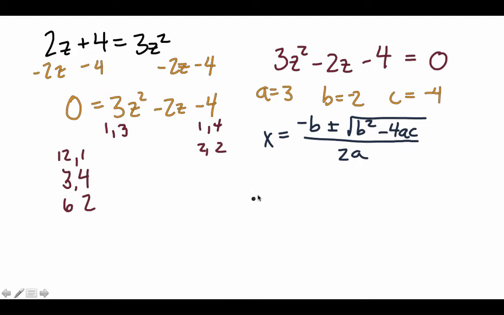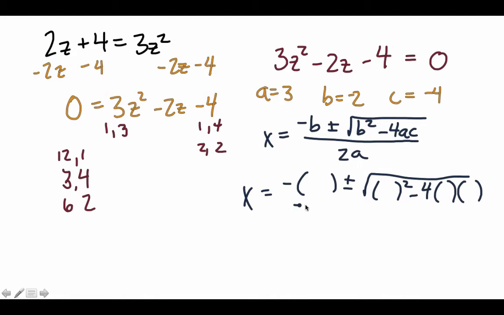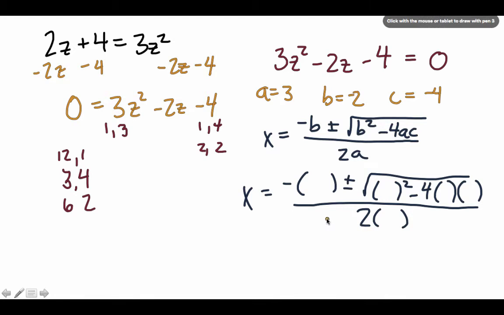Now we plug in those numbers for their respective letters and use parentheses. X equals the opposite of b plus or minus the square root of b squared minus 4 times a times c, that whole mess, divided by 2 times a. Now we can write in what those letters are. A is 3.